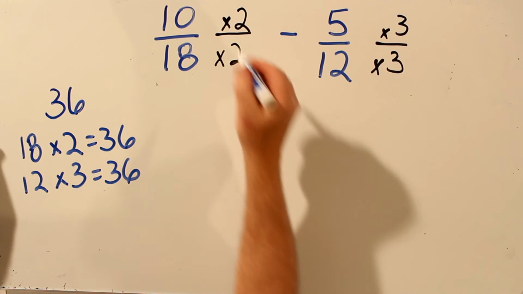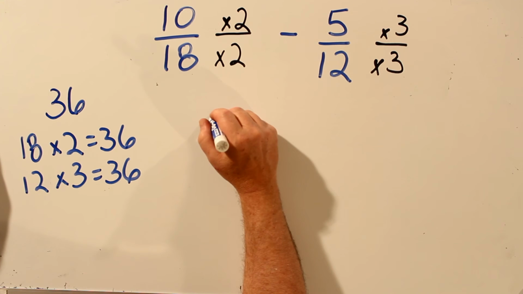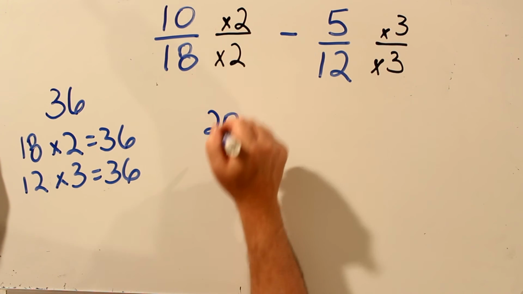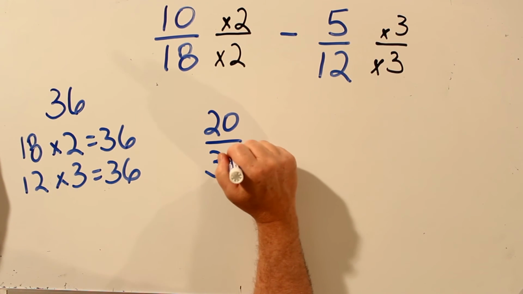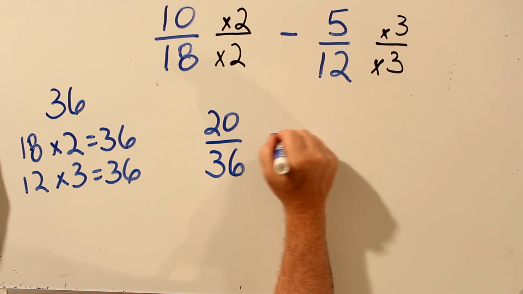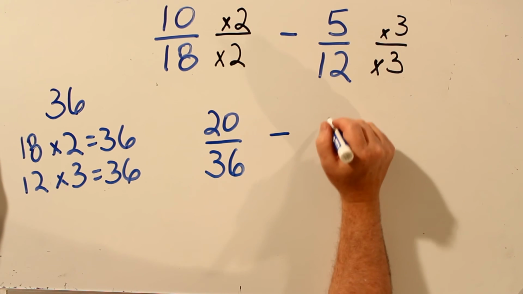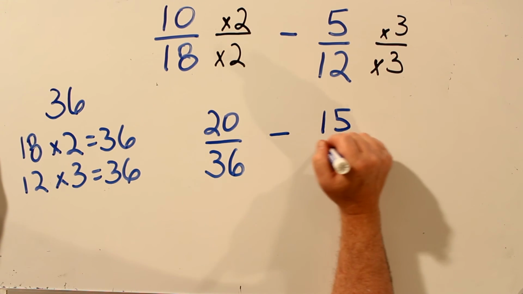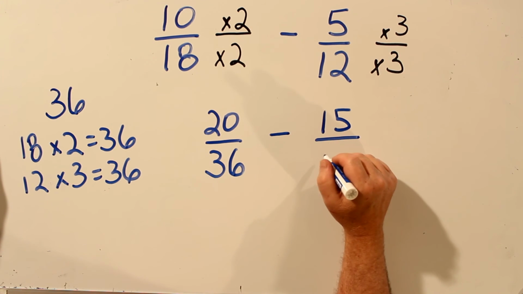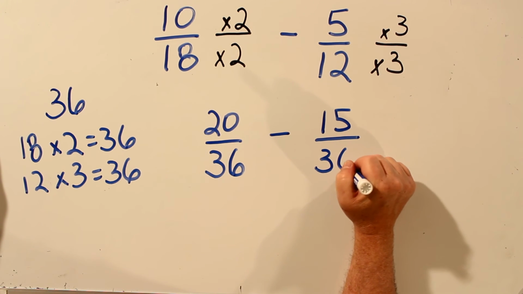Let's do our multiplication. 10 times 2 is 20. And 18 times 2 is 36. Over here we have 5 times 3 is 15. And 12 times 3 is 36.